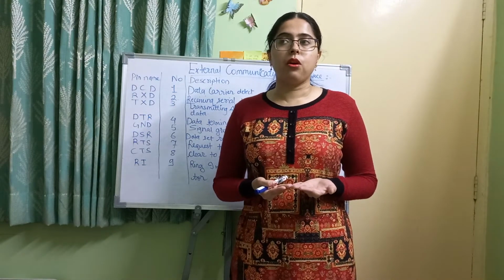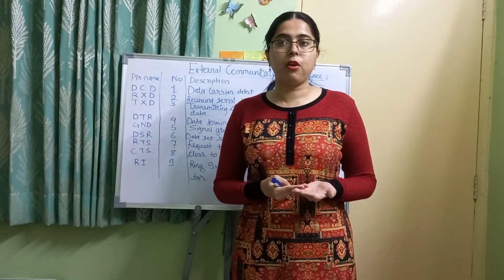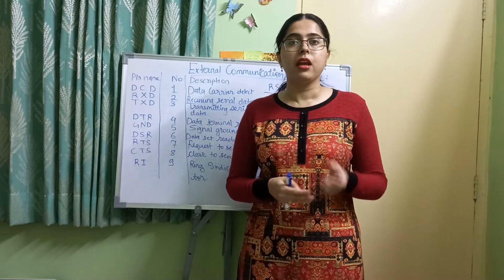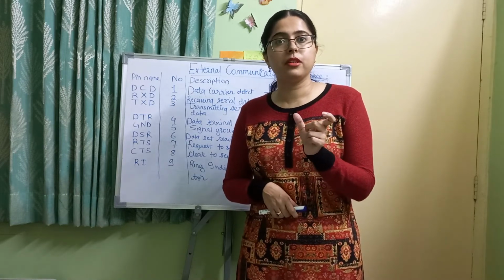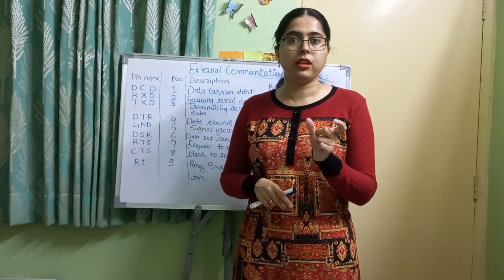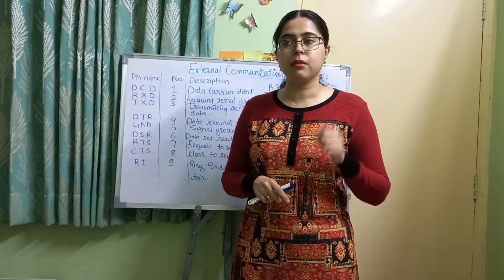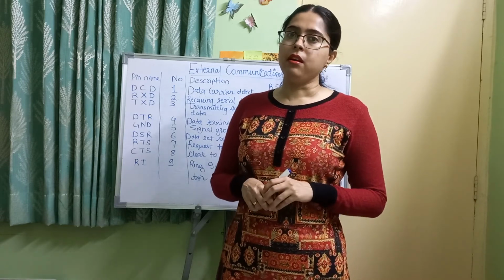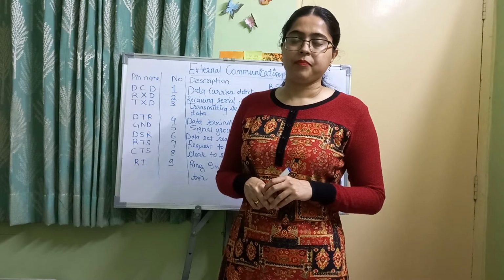Then they can work on 1800 bauds per second, 2400 bauds per second, 9600 bauds per second, and this 9600 bauds per second is mostly popular in PC communications. Okay, whenever we are interfacing the PC through a DB9 connector, we set the 9600 bauds per second rate. Okay, fine.